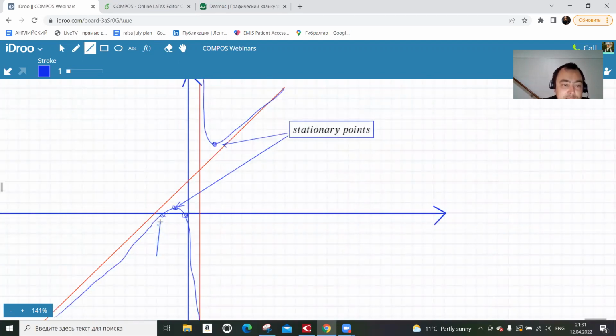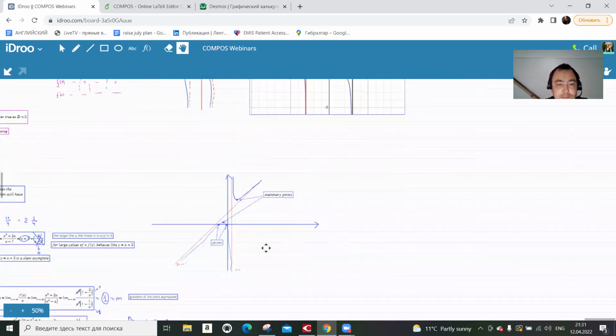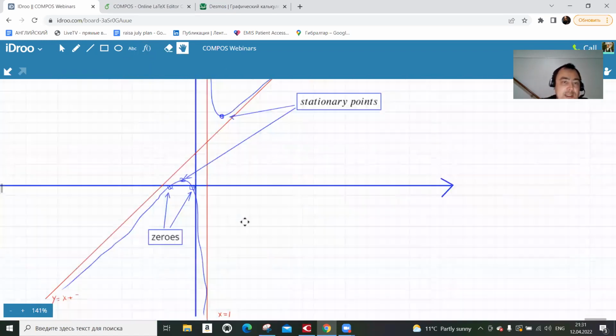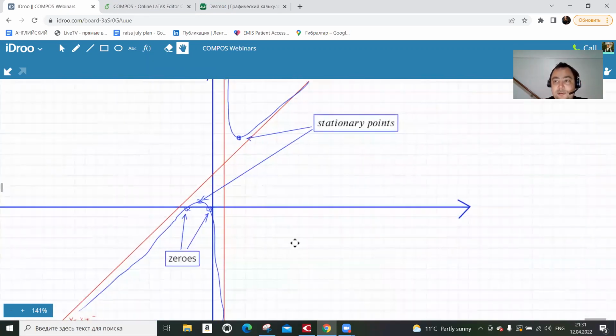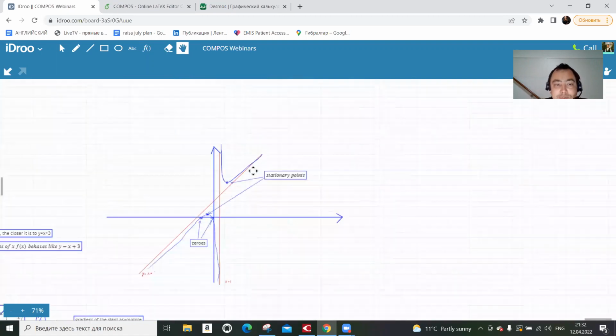So these are the zeros. Then what do you have? You have intervals of increase and decrease. Increasing when, decreasing when.